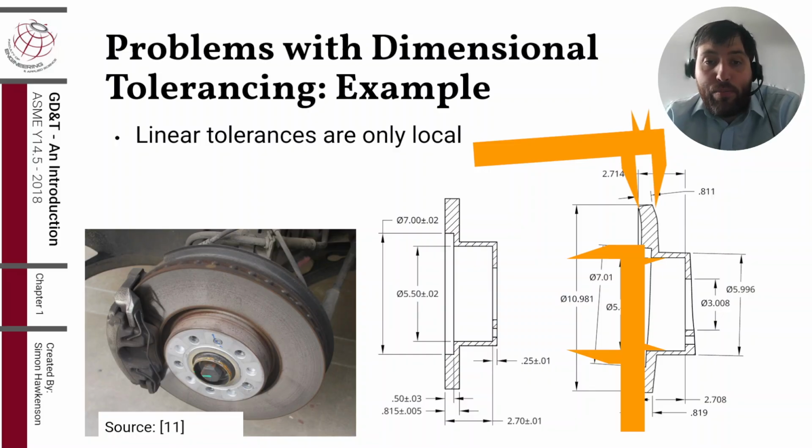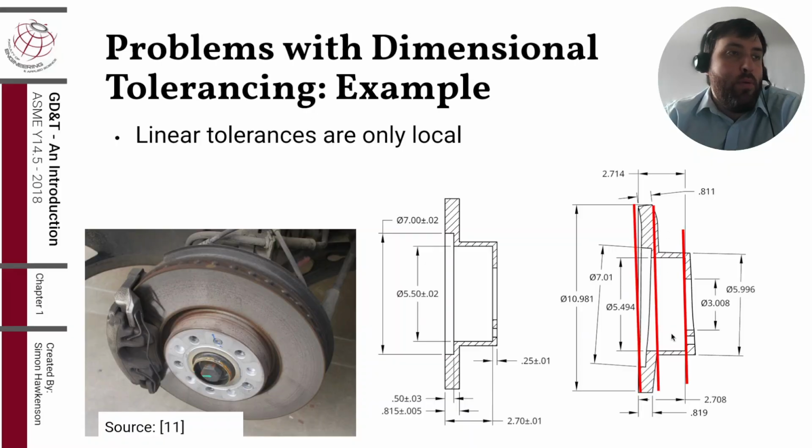This specific problem is caused by the fact that linear measurements are only local measurements. And by local, I mean like locally measure with a pair of calipers here, locally measure with a pair of calipers here, or micrometer. You really can't relate one feature to another. So how do we fix it?